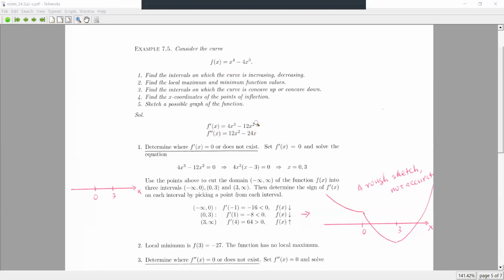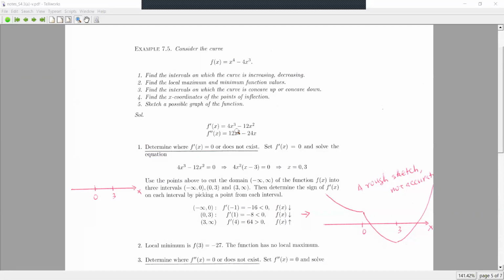It is this. To find intervals on which the derivative is positive or negative, increasing or decreasing, I first find points where the derivative is 0 or doesn't exist.